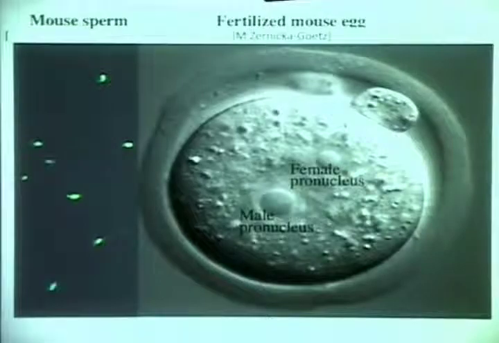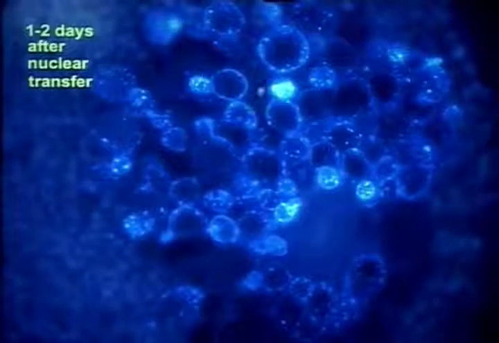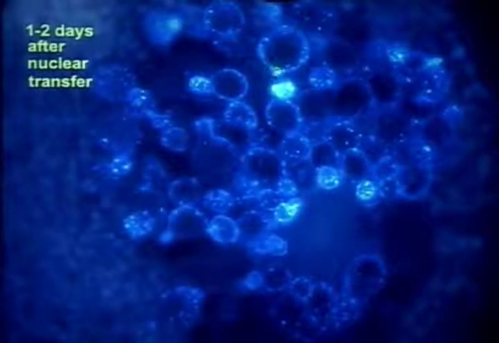And that's normal fertilization. When you transplant nuclei, we usually use a few hundred, into the oocyte, they also show this rather massive swelling and enlargement and chromatin decondensation of about 30-fold.